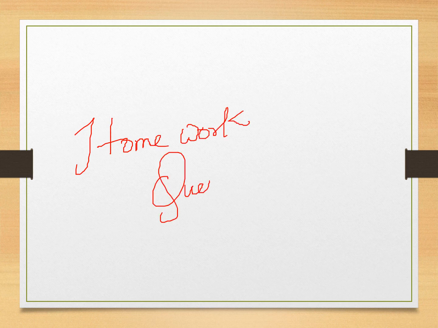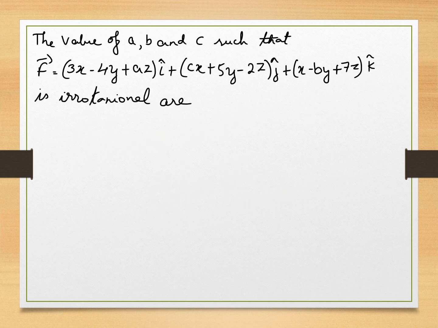Now time for homework questions. The homework question for today's slot is, we have to determine the values of a, b and c such that the function f of this term is irrotational.